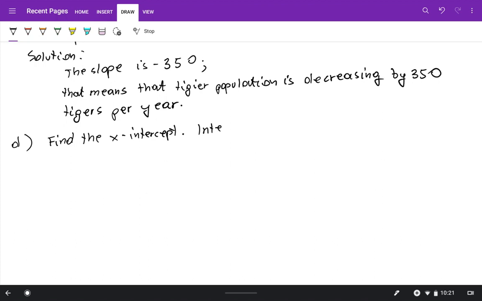Tell me what is the meaning of that x-intercept. Again, tell me the meaning of the x-intercept in terms of the number of tigers.